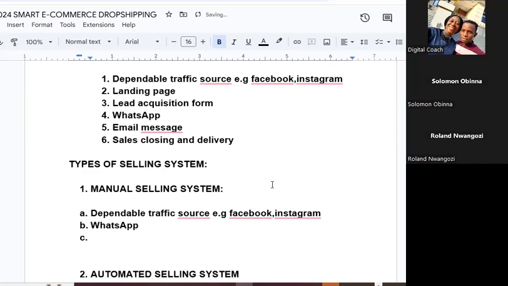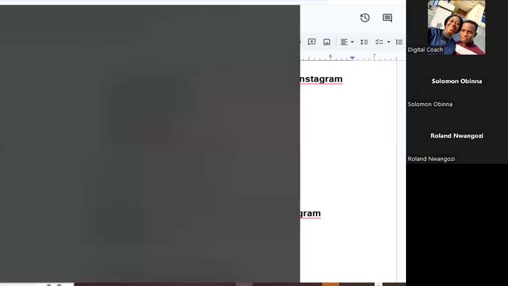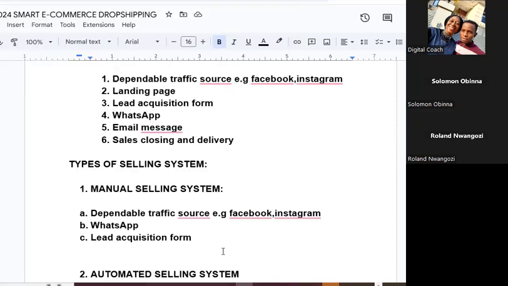So the next thing is the lead acquisition form, which in our case, we're going to use a Google lead acquisition form. From the dependable traffic source, there is Facebook, Instagram. They come to your WhatsApp directly, and then from your WhatsApp, you send them the lead acquisition form.